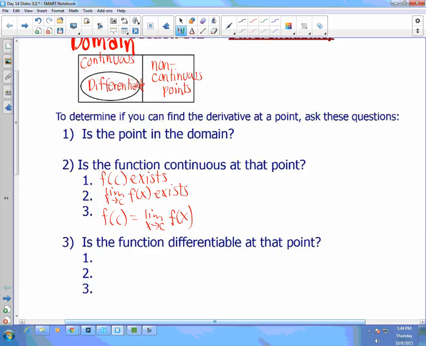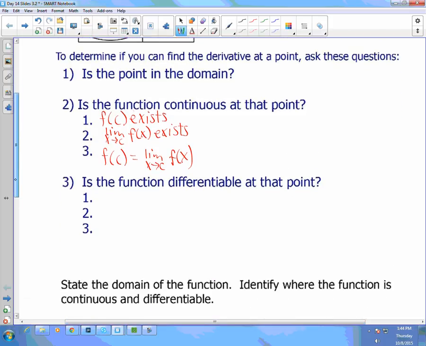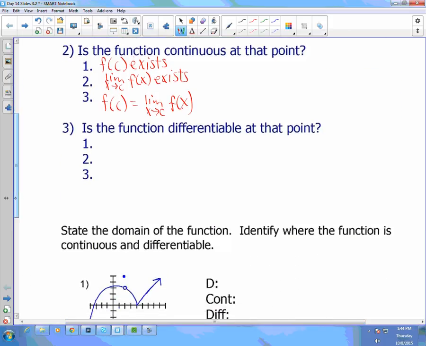And is the function differentiable at that point? Here are some examples of what is not differentiable. You can have no corners, like what we just had on that last one. That corner is not differentiable because the slopes approaching from both sides of the corner are different. You can have no cusps.